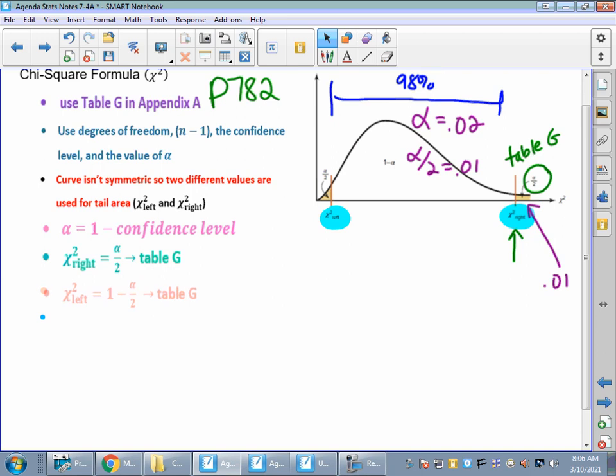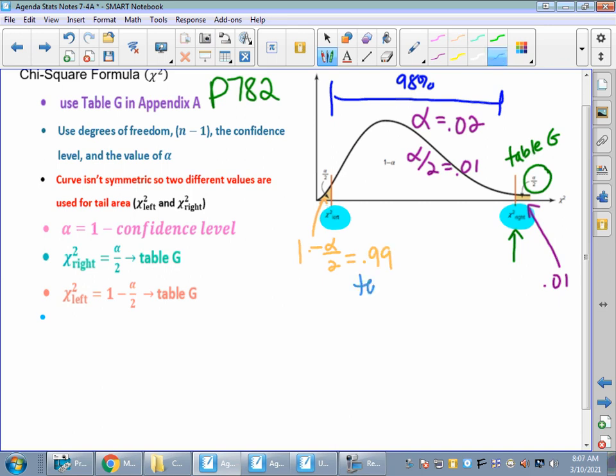To find our chi-square left, we do 1 minus the alpha over 2. And then we go to table G. So 1 minus 0.01 for this, 1 minus alpha over 2, would be 0.99.